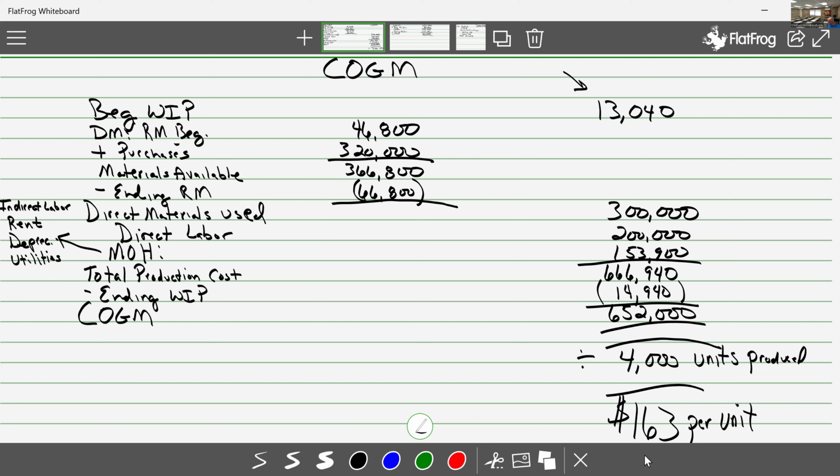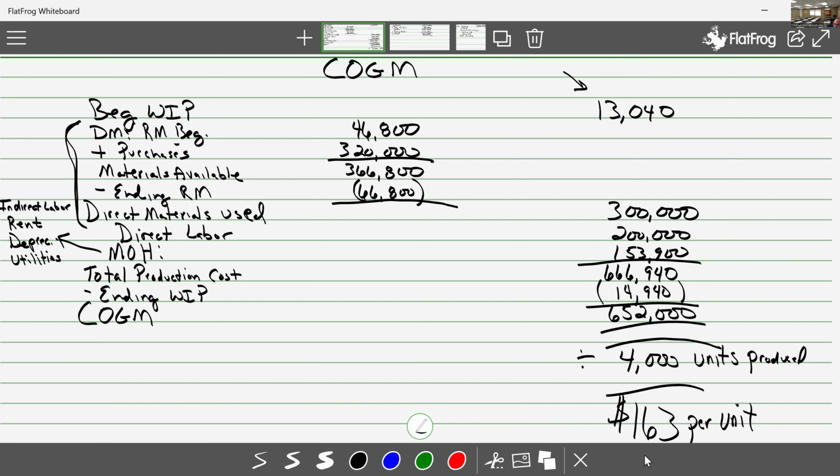On our handout sheet, you'll notice that the direct materials wasn't exactly given to us. We were given some inventory numbers and some purchases numbers. We only want to add in the cost for what we used in production. It wasn't specifically told what we used, so we need to calculate that. We start with our raw materials beginning inventory of 46,800.